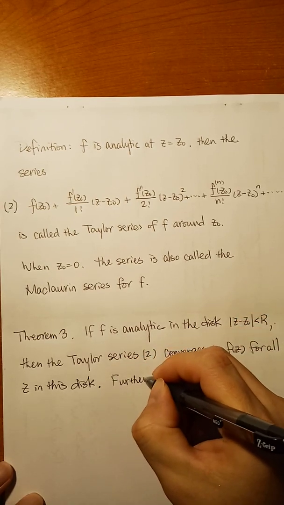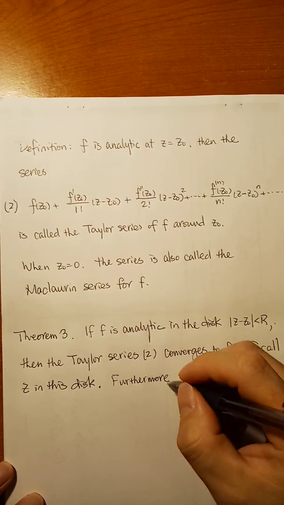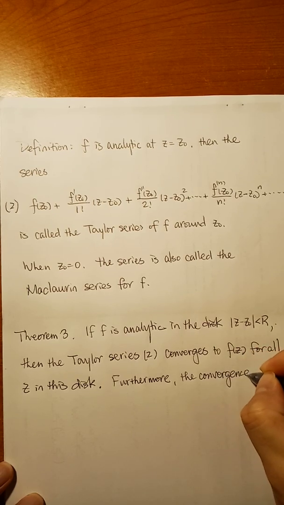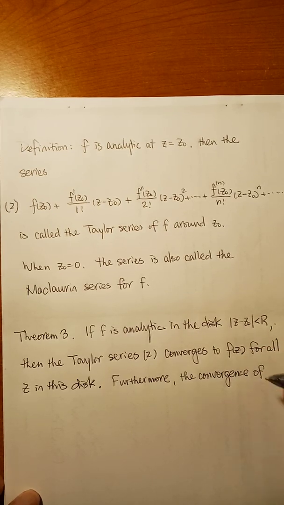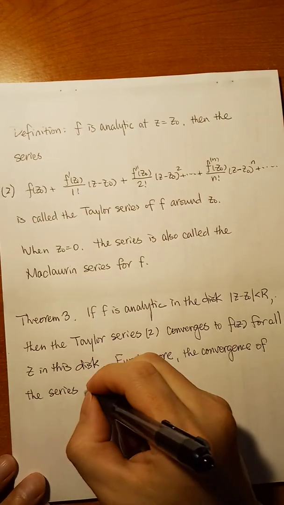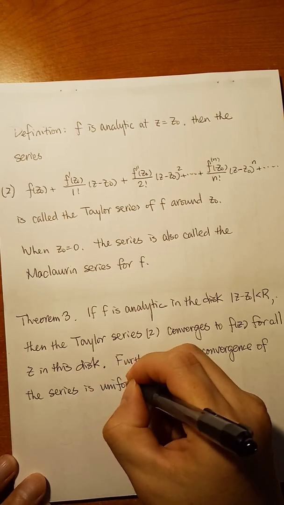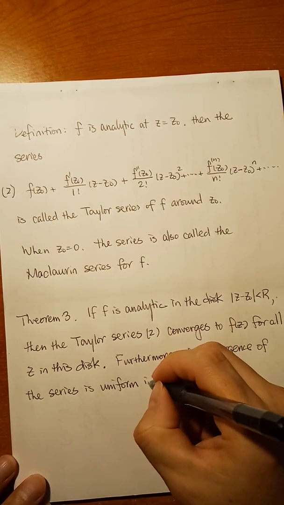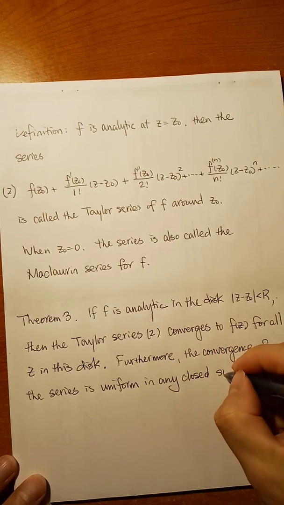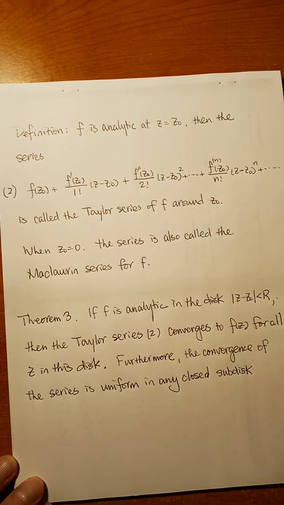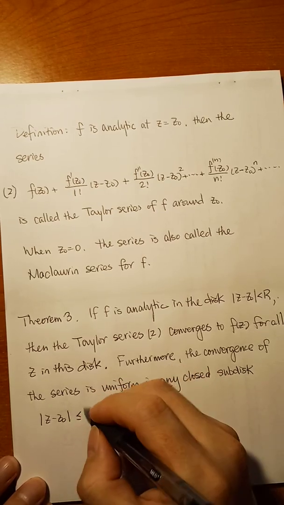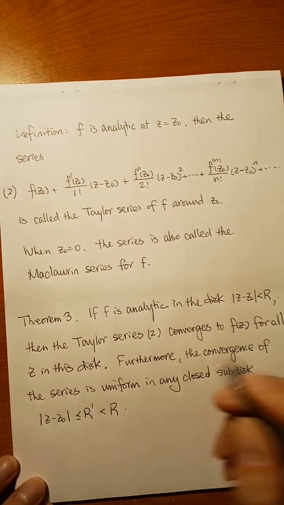Furthermore, the convergence of the series is uniform in any closed subdisk |z minus z0| less than or equal to r prime, and r prime is less than r.